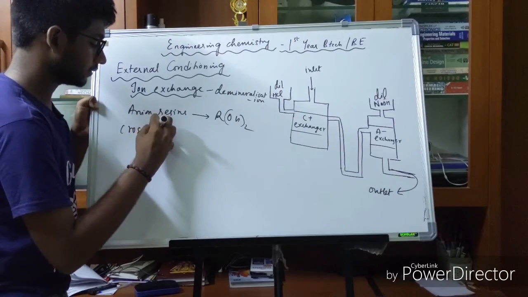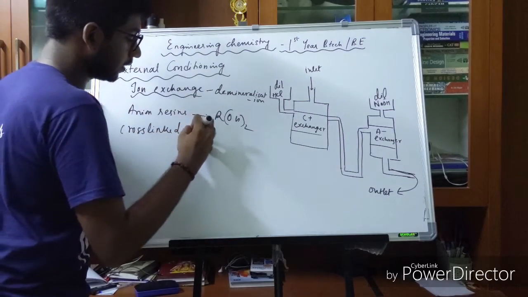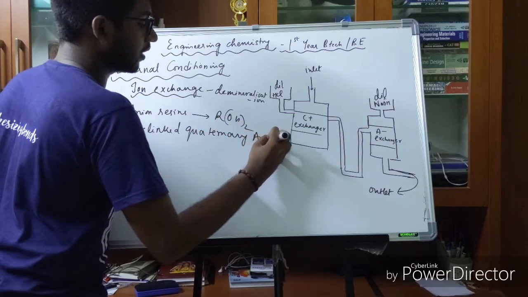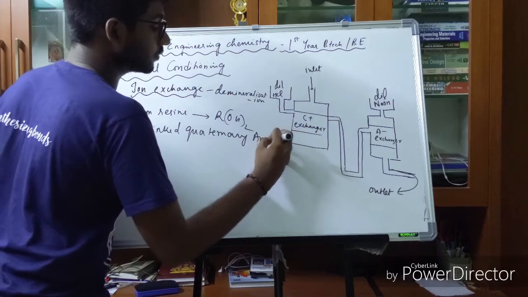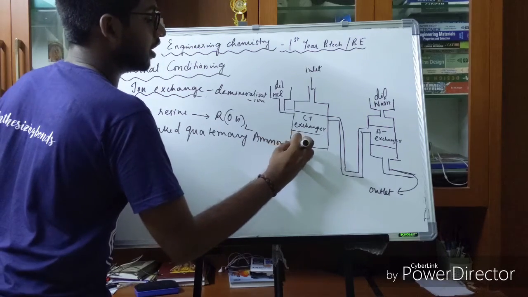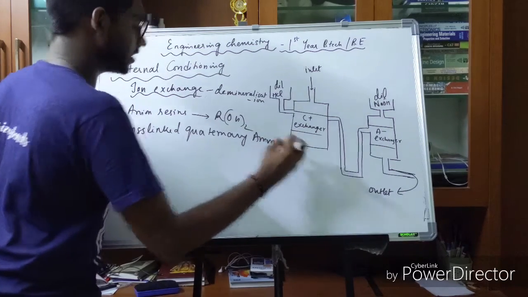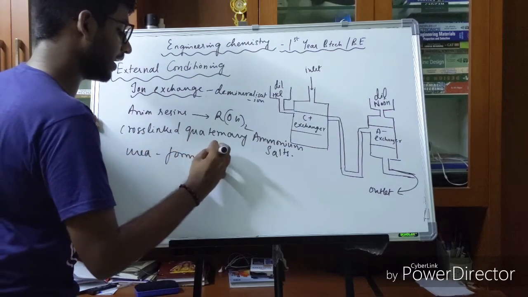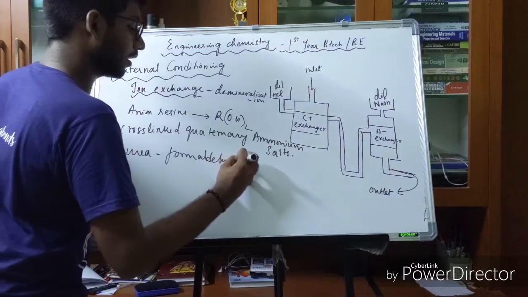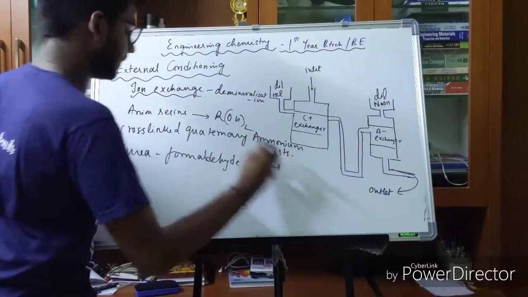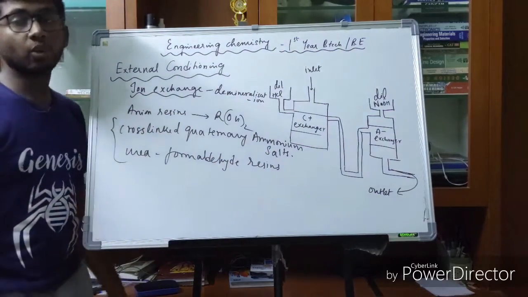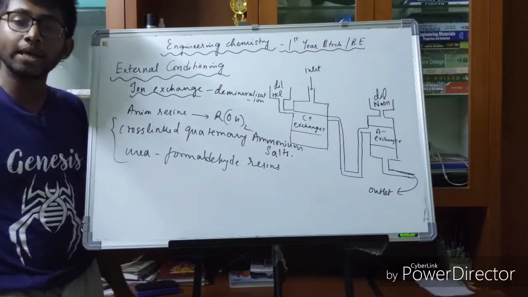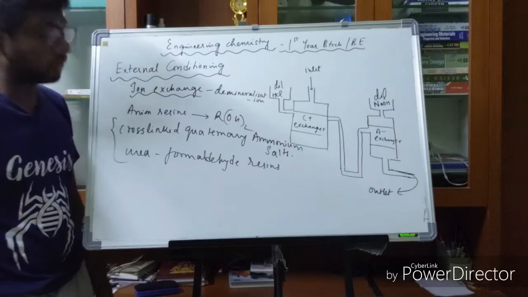Cross-linked quaternary ammonium salts and urea formaldehyde resins are a few examples of anion resins.